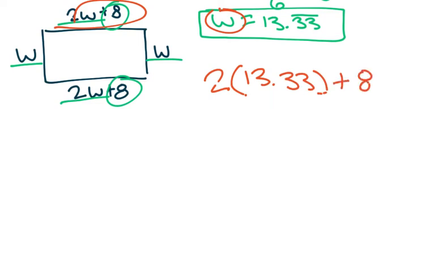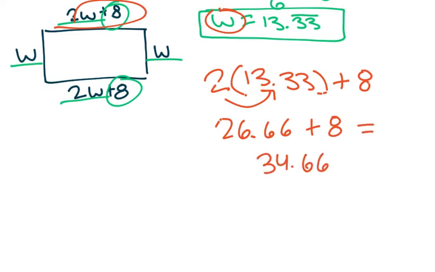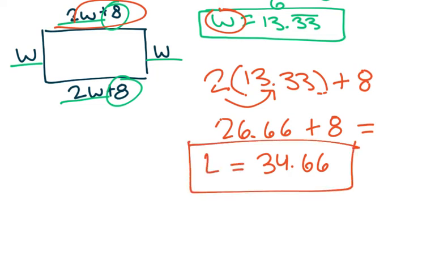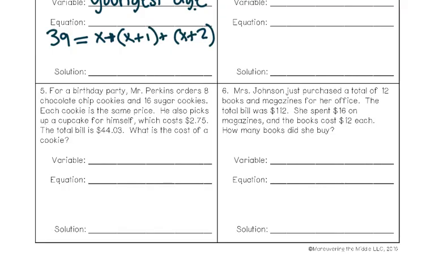If we multiply this out, 2 times 13.33 is going to be 26.66 plus our 8, which is going to equal 34.66 as our length. So we have our length of 34.66 and our width of 13.33.